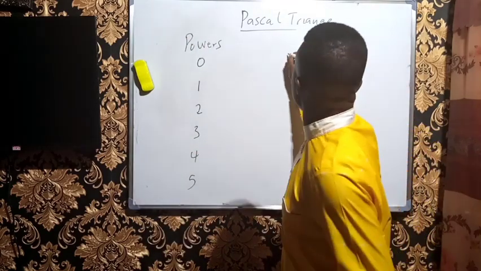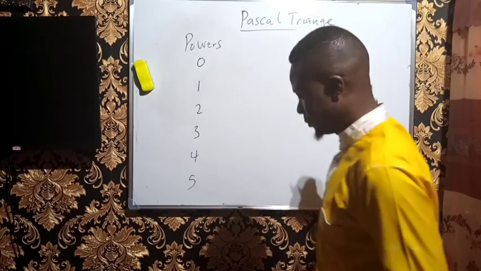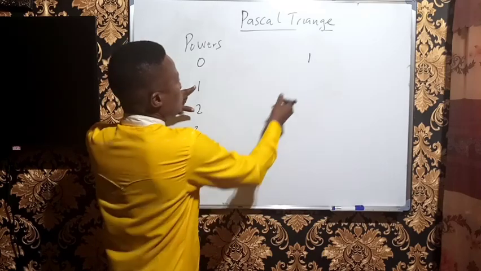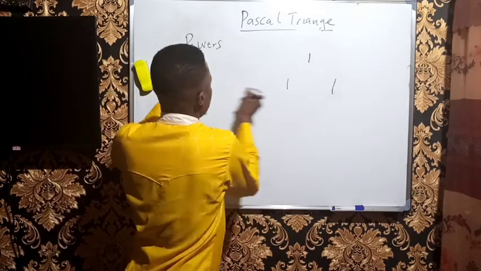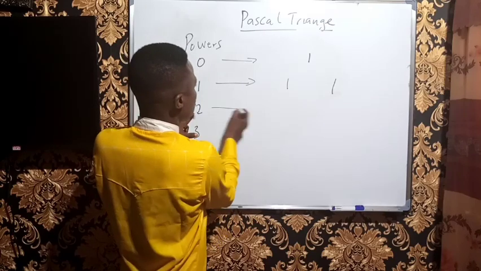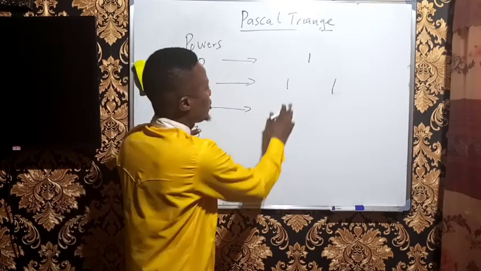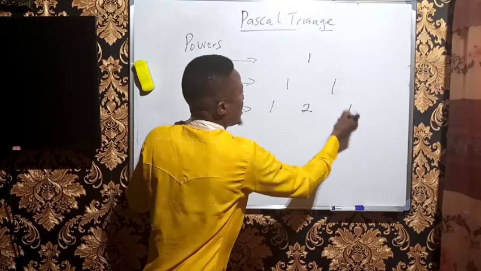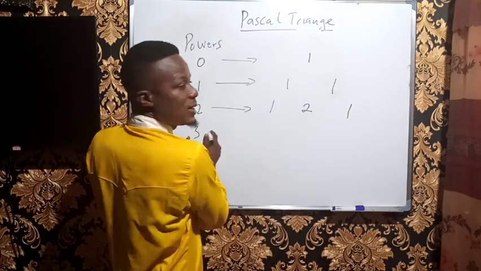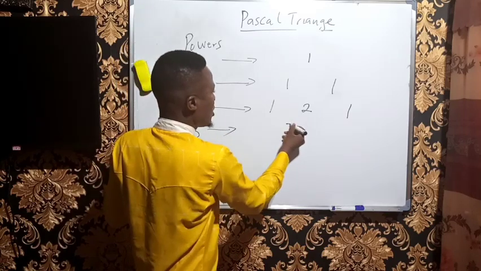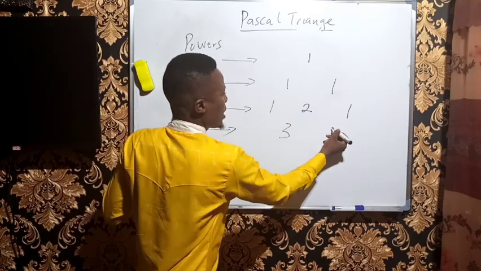If you have a power of 0, you are just using 1. If your power is 1, cover this one with 1 and 1. If your power is 2, for instance, just say 1 plus 1 will give us 2. Cover it with 1 and 1 again. If your power is 3, just say 1 plus 2 is giving us 3. 2 plus 1 is giving us 3.